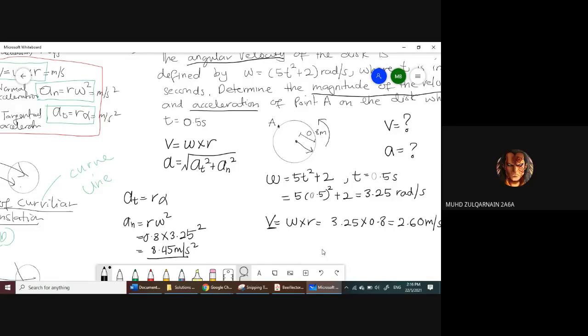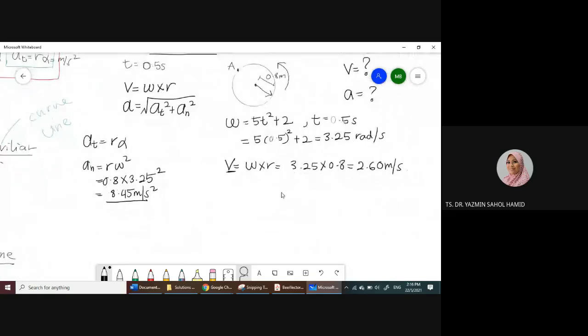Now, how are you going to get alpha? Differentiate omega, 5t squared. Yes, that's correct. It's the same concept as last time.